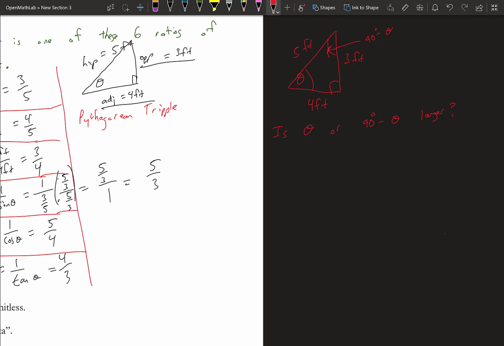So if we want to know which one's bigger, think about the opposite side lengths, right? So 3 feet is across from theta, and 4 feet is across from 90 minus theta.